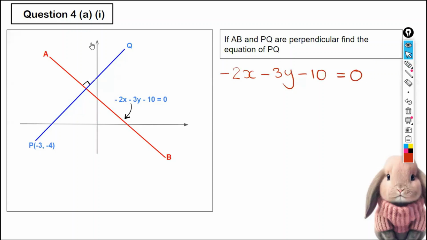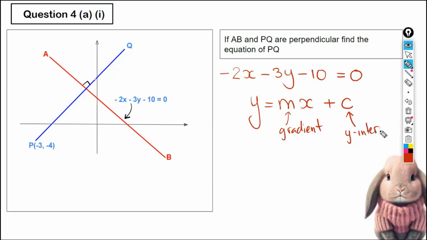I tried to trick you in this question. Remember the general format of a straight line, y is equal to mx plus c. You would hear not only me, but your teacher saying, whoever is touching x is your gradient. Whoever does not have an x is your y-intercept.